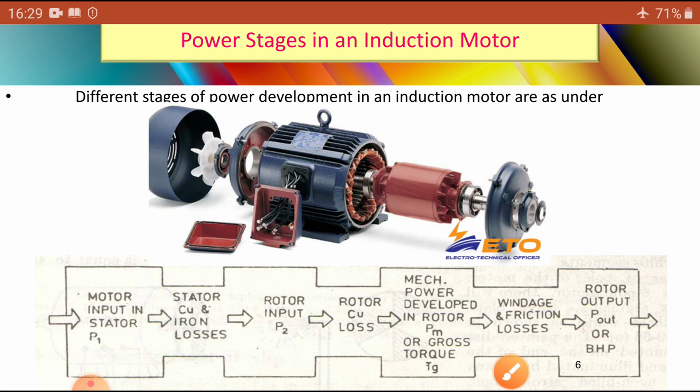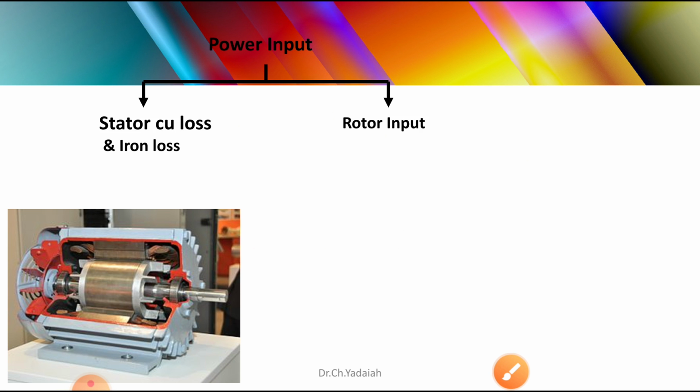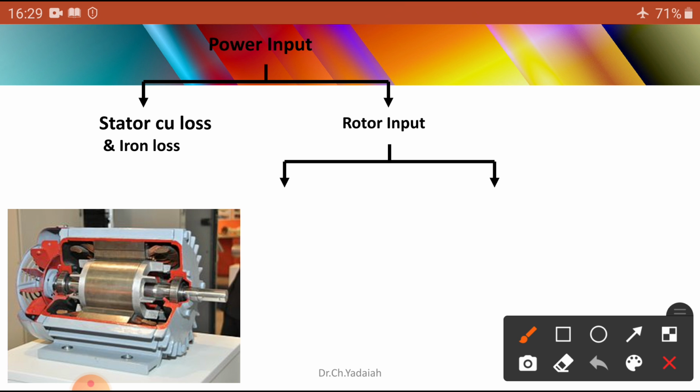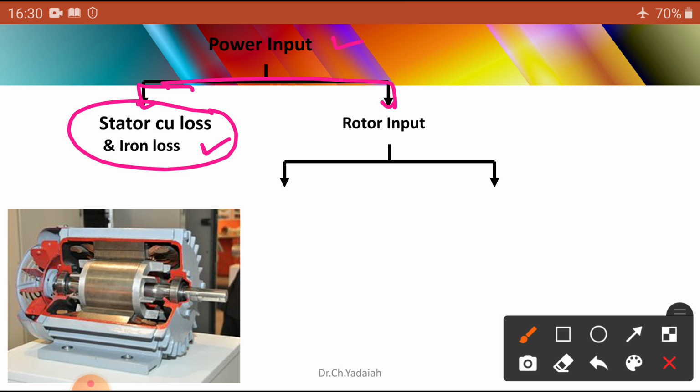Now it can be simplified with this one. You can see the motor input. The motor input is supplied to the stator, and whatever the stator input is, some of the power is used for the stator copper losses and iron losses.